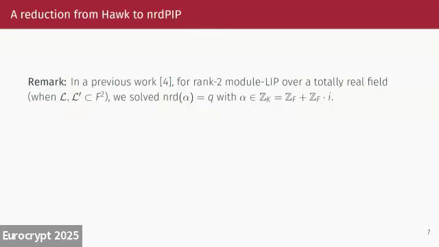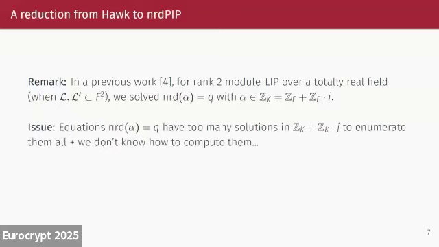So just a remark, in the introduction I told you about a previous work where we solved module LIP over totally real fields, and we needed to solve this kind of equation, but we sought solutions alpha in ZK and not quaternions. And in this case, you can ensure that there are not too many solutions and you can compute them efficiently.